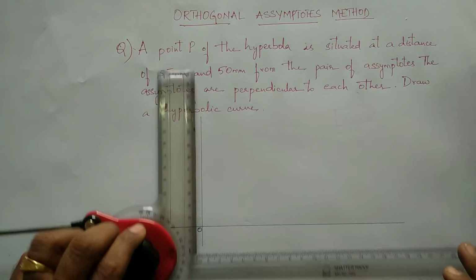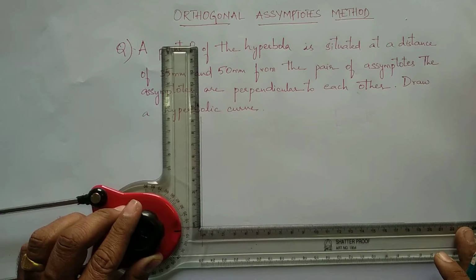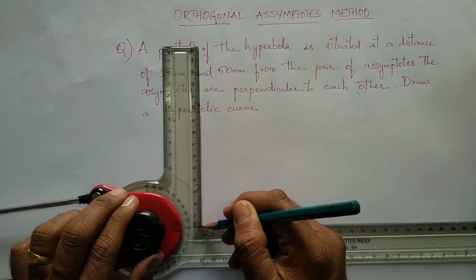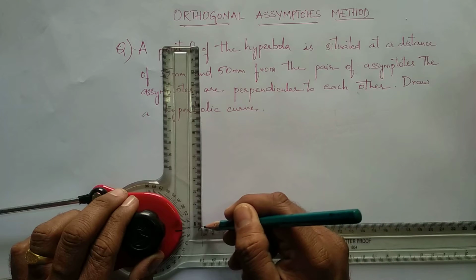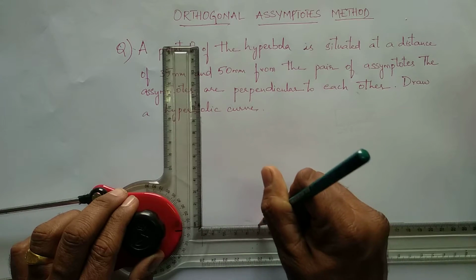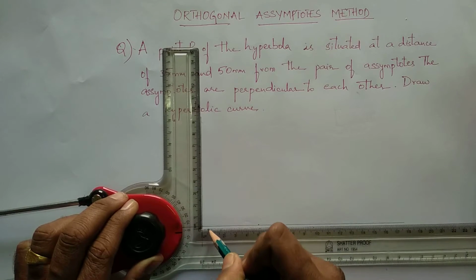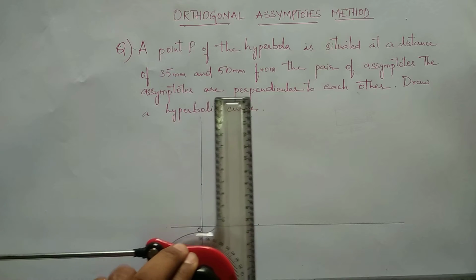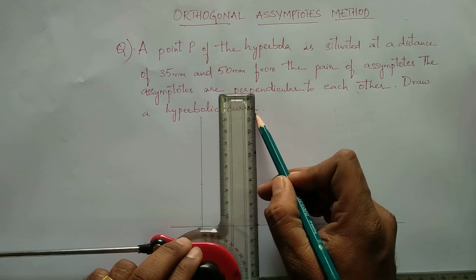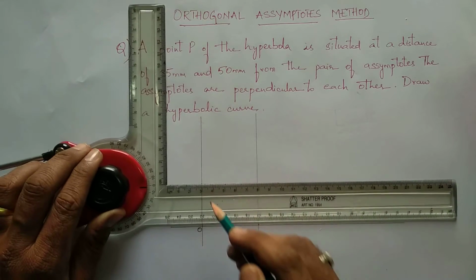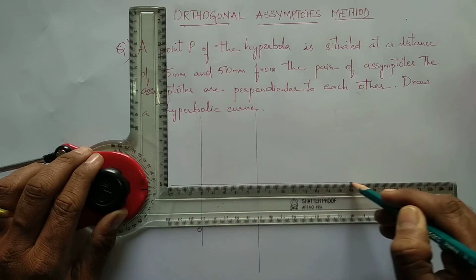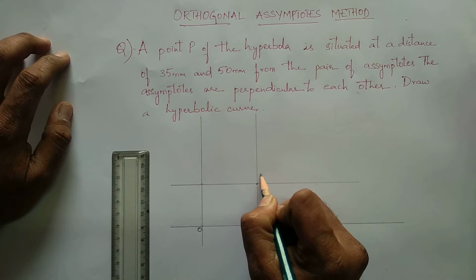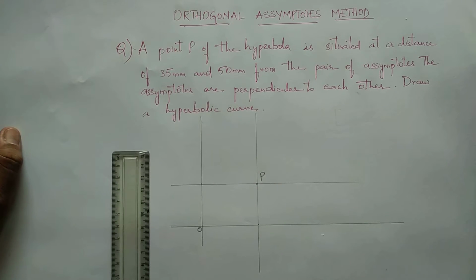Measure 50 mm on the horizontal line and 35 mm on the vertical line. Now draw lines parallel to these two asymptotes, such that where these two lines intersect, mark that point as P.